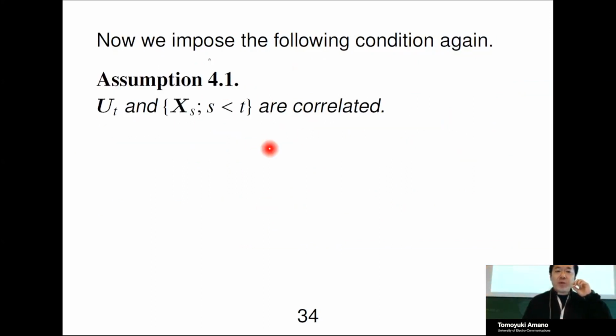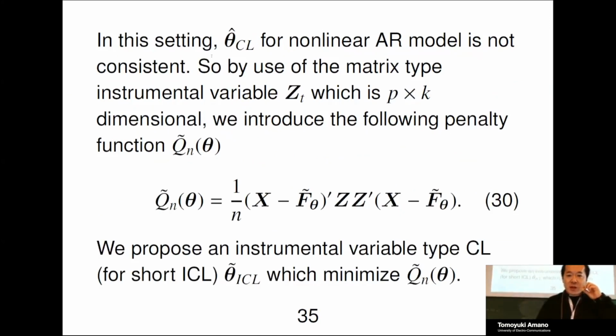Now we impose this condition again. That is, disturbance ut and past values xt are correlated. In this setting, CL is not consistent.